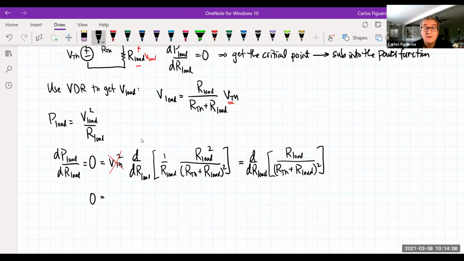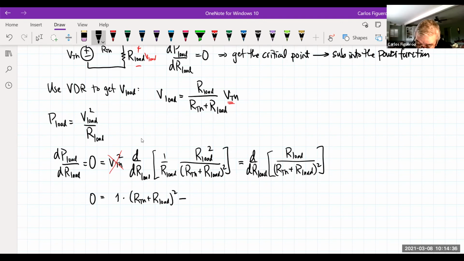So if I use the quotient rule, I'm going to take the derivative of the top, which is 1, times the derivative of the bottom, which should then give me what? Should give me (RTH plus R load) squared. And I think I'm doing this right. And then I'm going to get what?